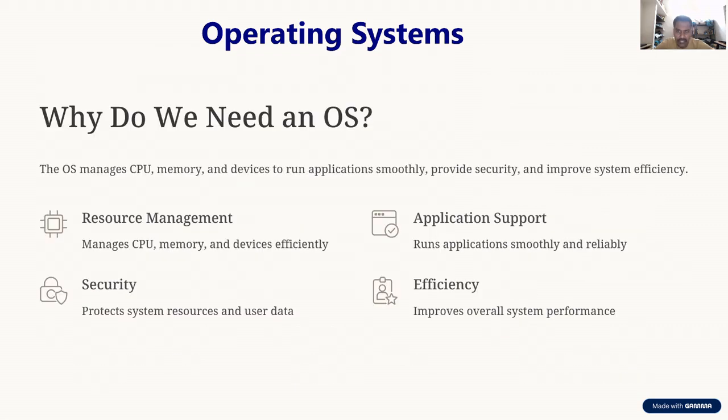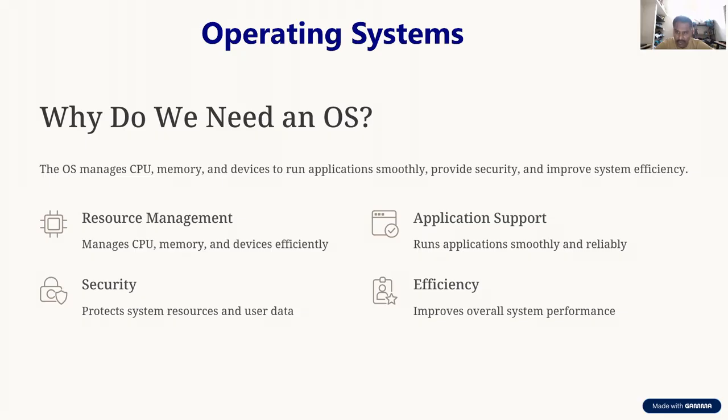Why do we need an OS? Now let us understand why we need an operating system. The operating system manages resources like CPU, memory, and input-output devices efficiently. It allows applications to run smoothly and reliably.